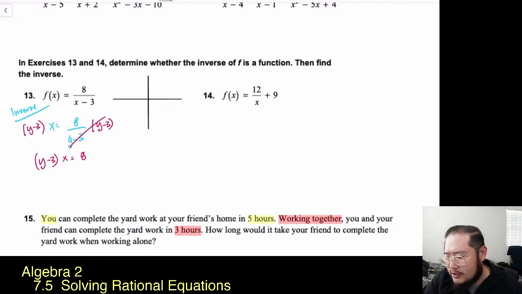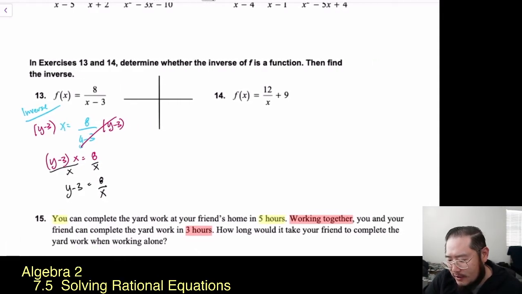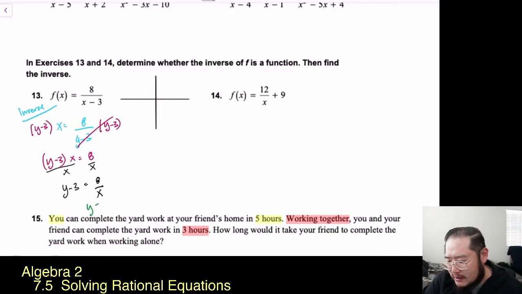So there's no point in distributing the x. Let's just go ahead and subtract x from both sides. So now I have y minus 3 is equal to 8 over x. The last thing right here is we add 3 to both sides. And so this function will now become y is equal to 8 over x plus 3.